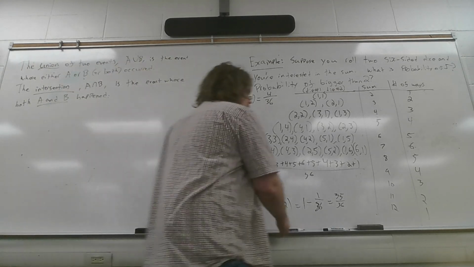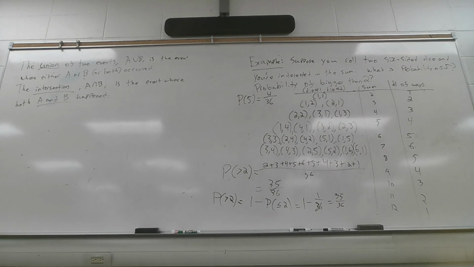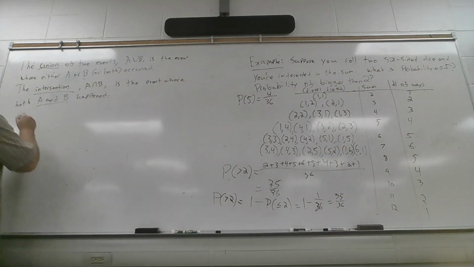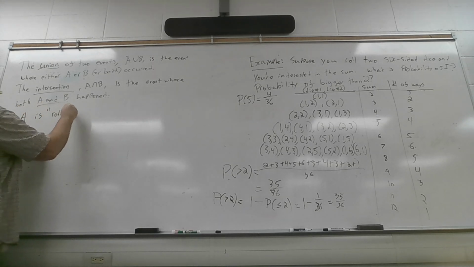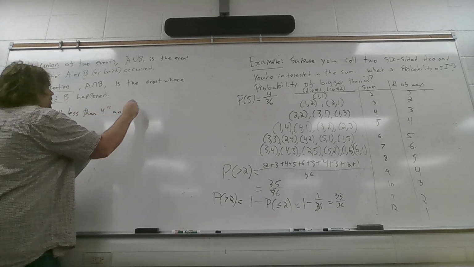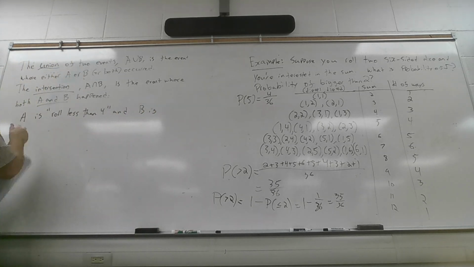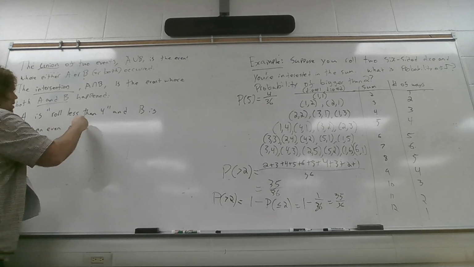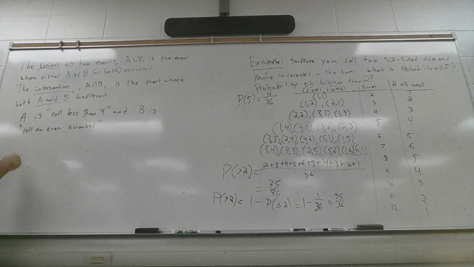So I'm just going to give you a quick and great example of that. So A is roll less than 4, and B is roll an even number. So, we can actually figure out what these are as sets. Roll less than 4, 1, 2, 3. B is an even number, 2, 4, 6.